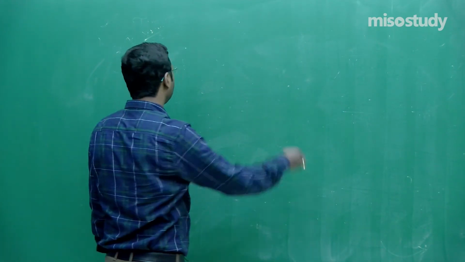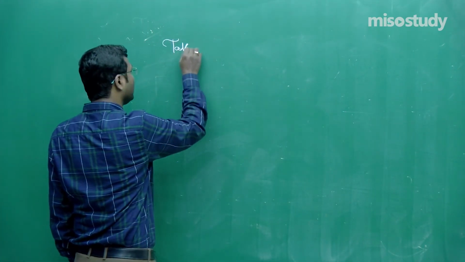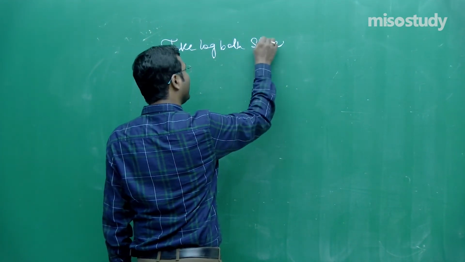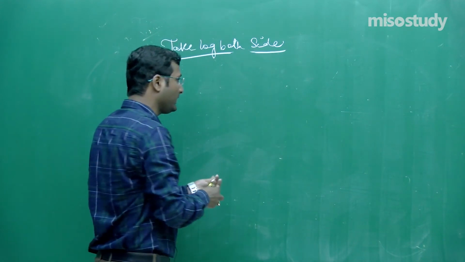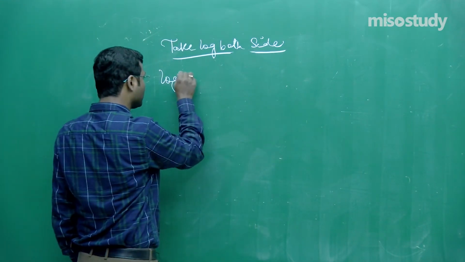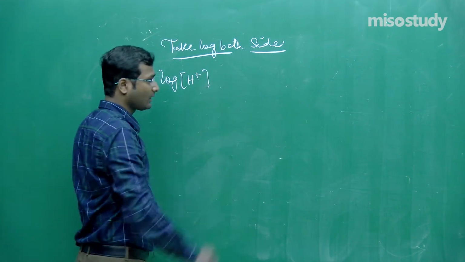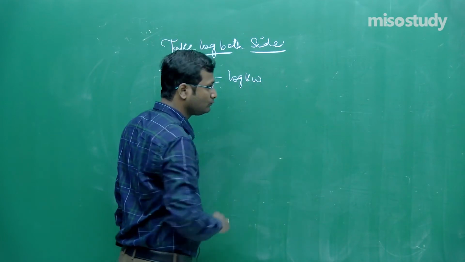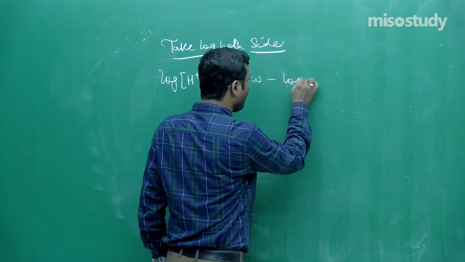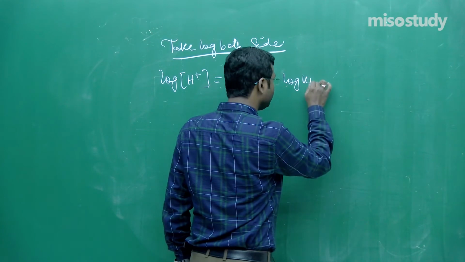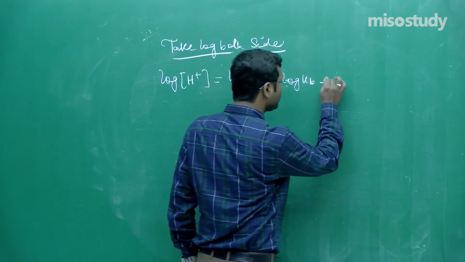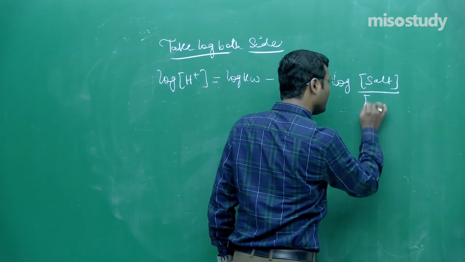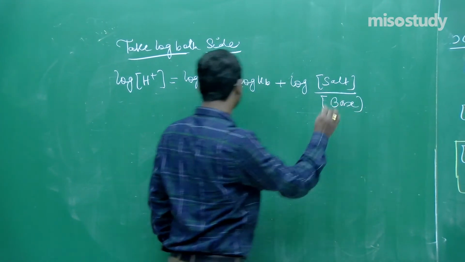Okay, friend. Now you take log both sides. What will happen? It will give log H plus. Now you can write like this: log KW minus log KB plus log salt upon base.